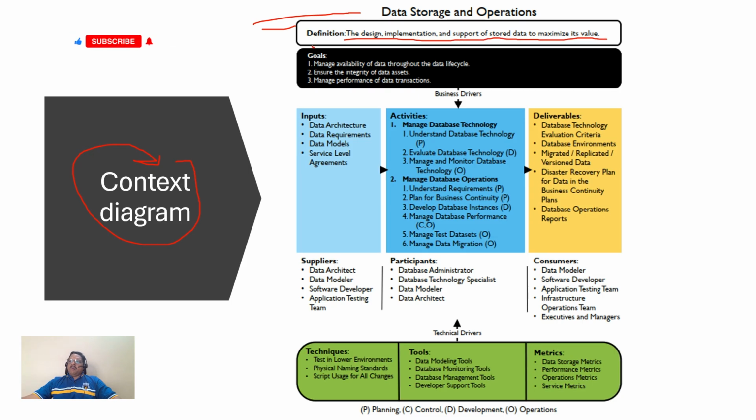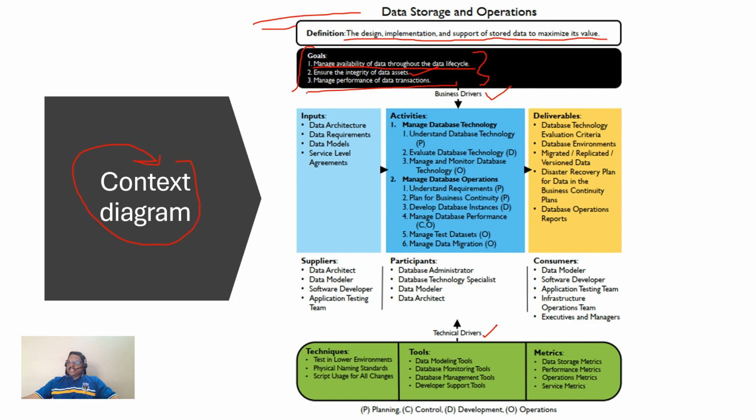And from a goals point of view, it's to manage availability of data throughout the data lifecycle, ensure the integrity of data access, and manage performance of data transactions. It's very clear from the goals. And we have the business drivers and the technical drivers.